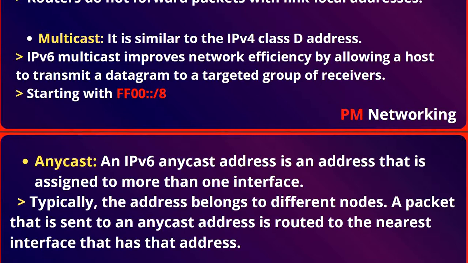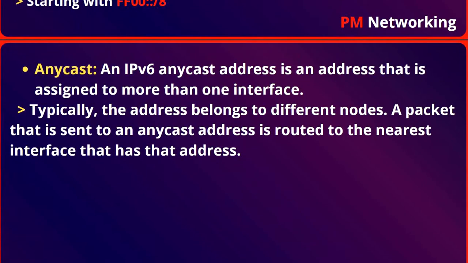So you just have to remember the range of global unicast address, link local address and multicast address. The starting range will be FF00::/8 for multicast address.